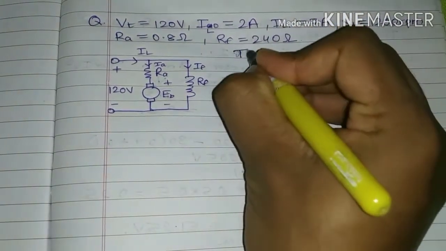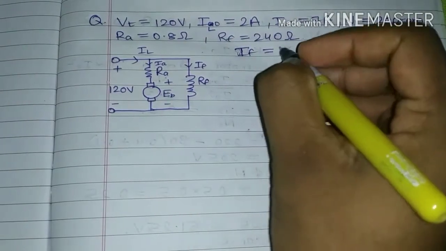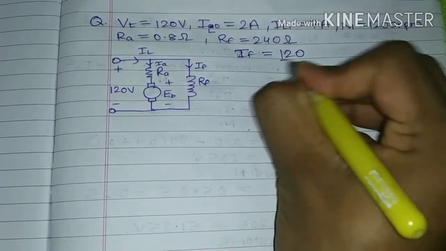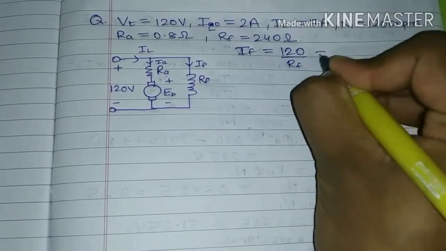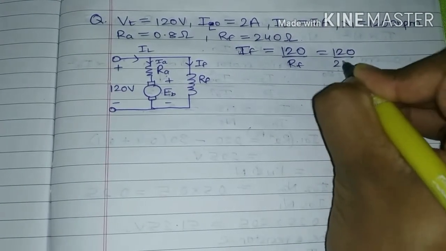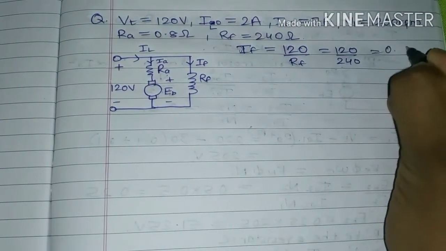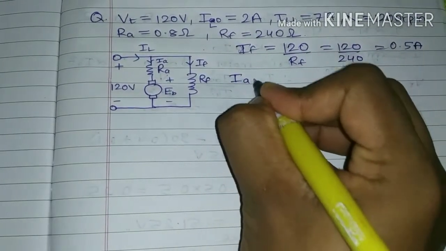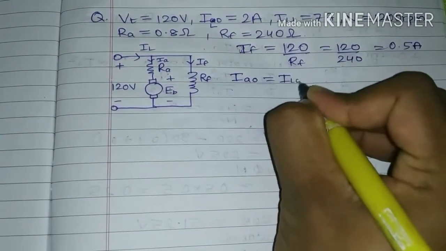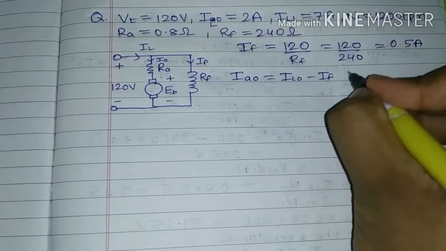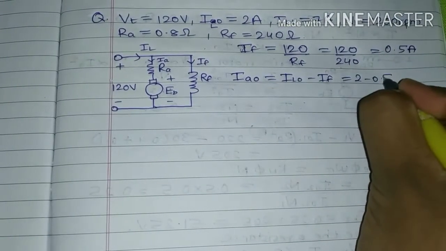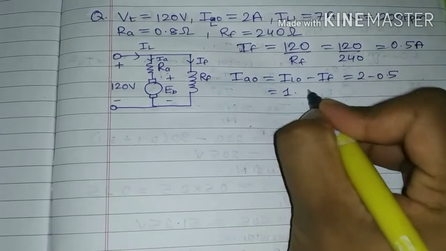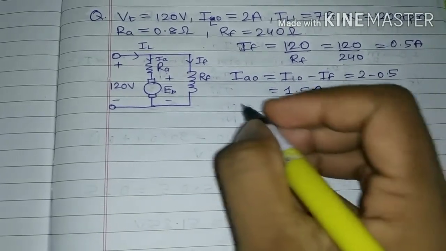Now we can write that the field current IF is equal to 120 upon RF, which is equal to 120 upon 240, and hence the field current is equal to 0.5 ampere. Now the armature current at no load, that is Ia0, is equal to IL0 minus IF, which is equal to 2 minus 0.5 is equal to 1.5 ampere.